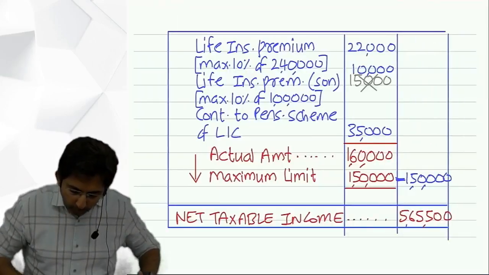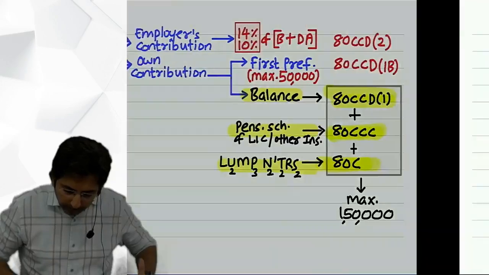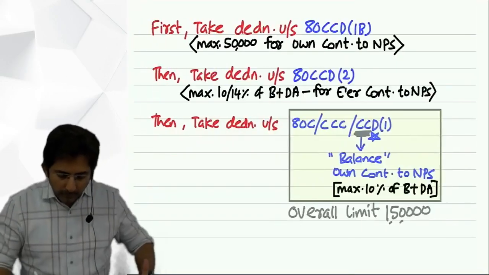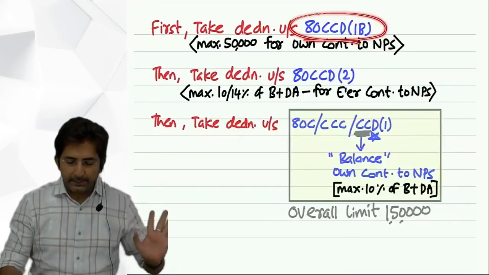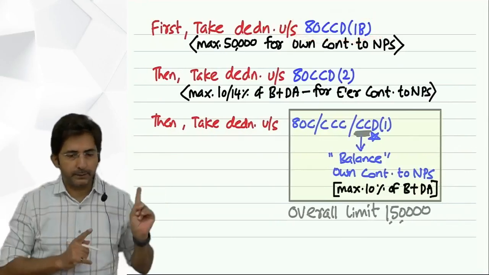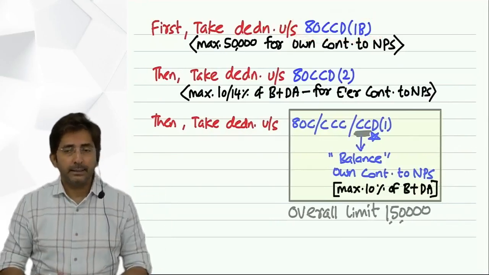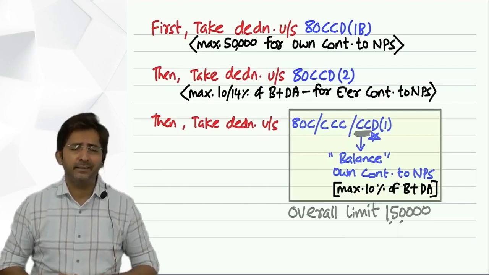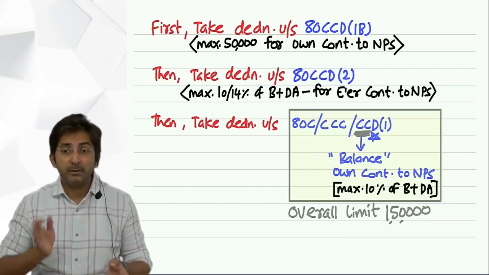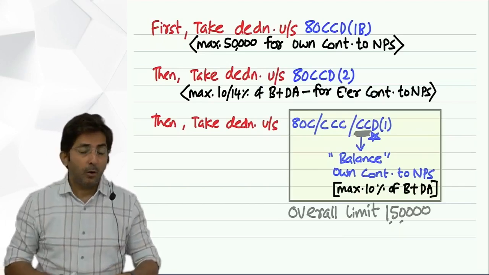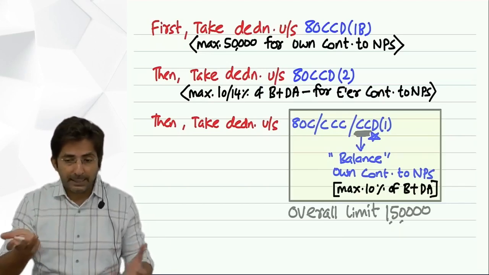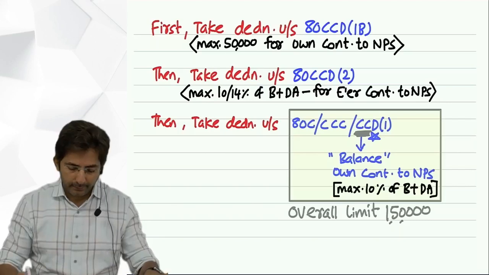Please follow this protocol. First take 80CCD(1B). So respect this rule. Check: do we have 80CCD(1B)? 80CCD(1B) comes when there is a pension scheme of the central government, or they will write NPS, but that is not there in the question, so forget it.